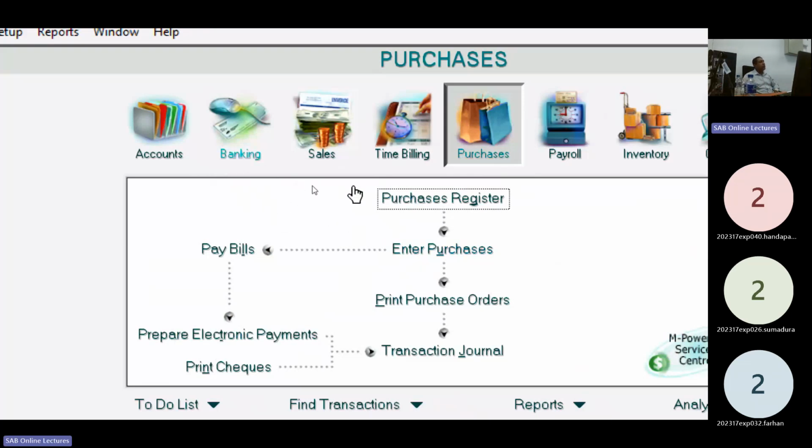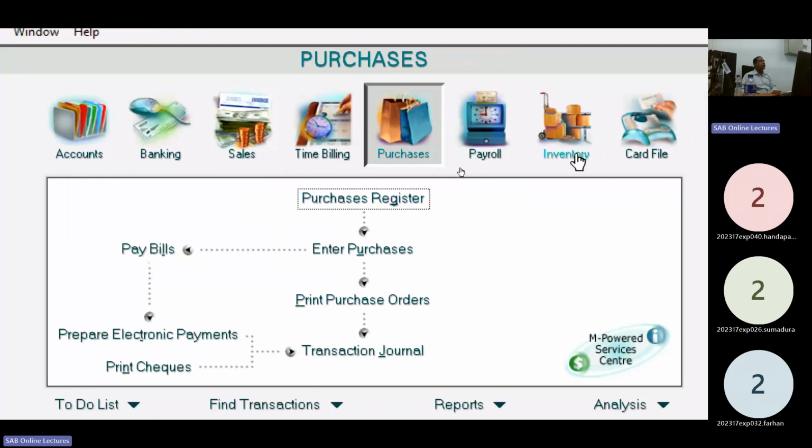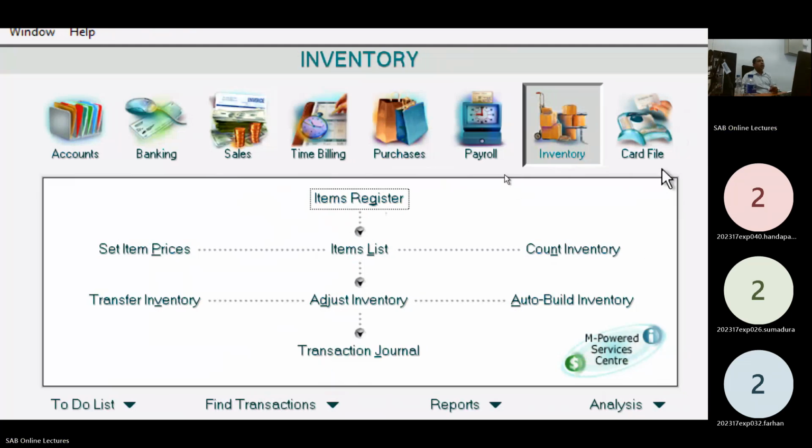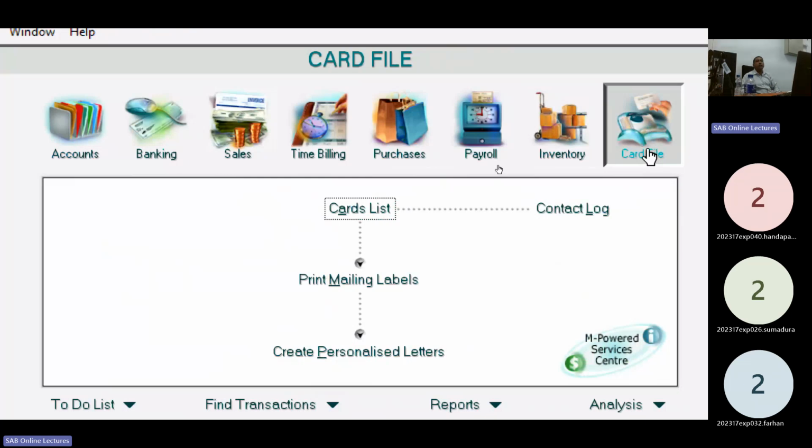So if you work in the purchase department, working on purchase related transactions, definitely all other modules are inactive. If you work in the inventory section, like a warehouse, only the inventory module details are available. If you are working in the customer department, only customer related and supplier related details are there.